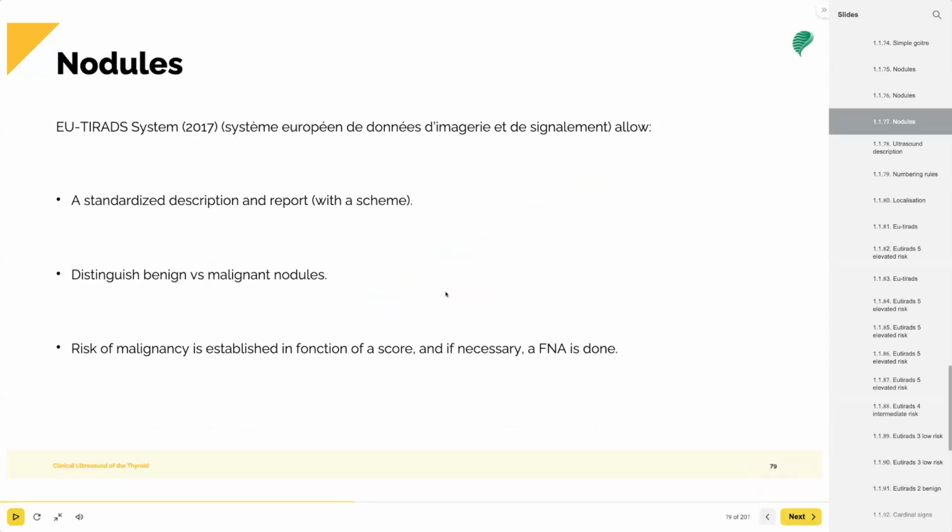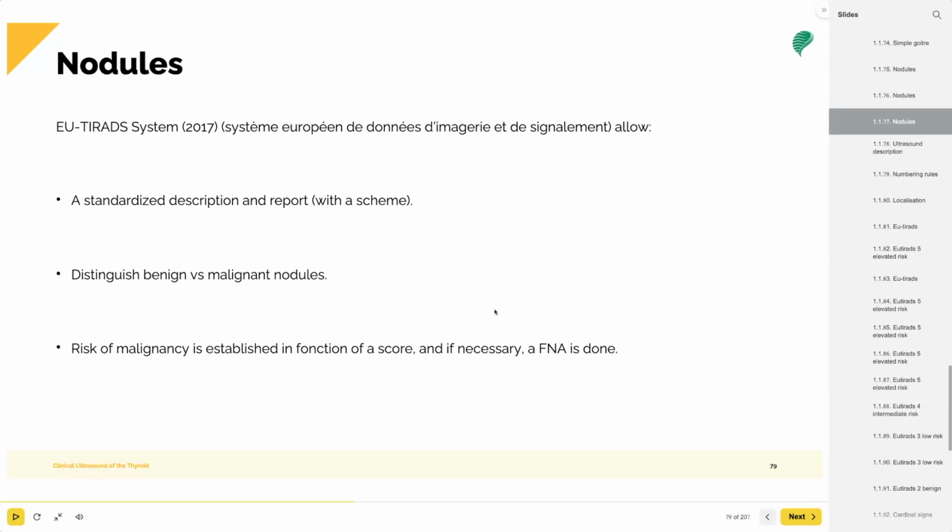All right, so usually to categorize a thyroid, we use a TIRAD system. This system usually will describe the nodules in terms of size, vascularity, microcalcifications, and categorize it on kind of like what the risk is in terms of malignancy.